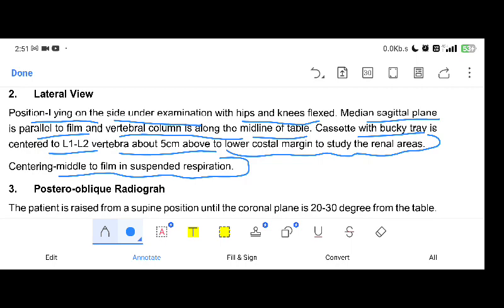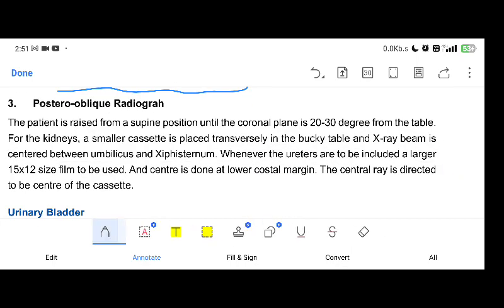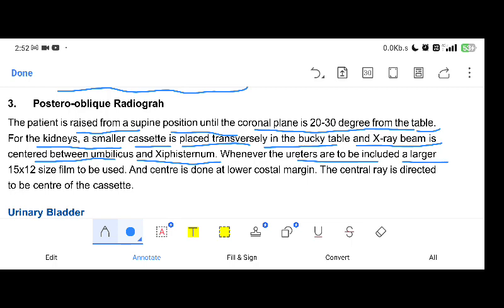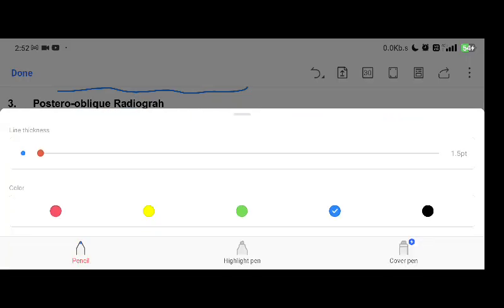For the posterior oblique radiograph, the patient is raised from a supine position until the coronal plane is 20 to 30 degrees from the table. For the kidneys, a smaller cassette is placed transversely to the bucket table and the X-ray beam is centered between the umbilicus and xiphisternum. Whenever the ureters are to be included, a larger 15 by 12 size film is used and centering is done at the lower costal margin. The central ray is directed to the center of the cassette.